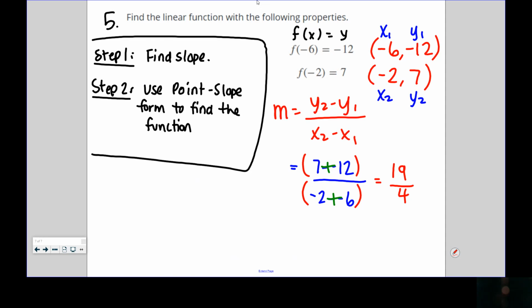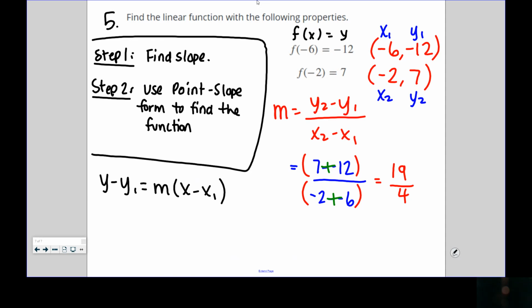Now let's go over here and use point slope form. Y minus y1 equals m times x minus x1. You can use either point for x1, y1, does not matter. You'll get the same answer. Just going to go ahead and use the one I've labeled x1, y1 up here.